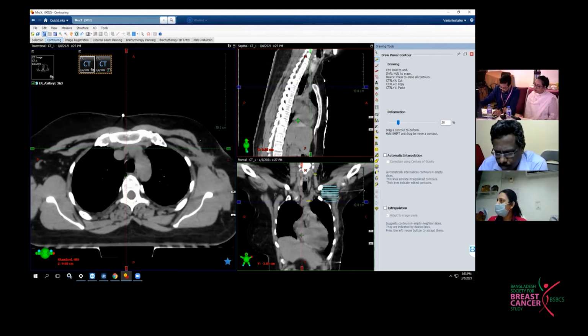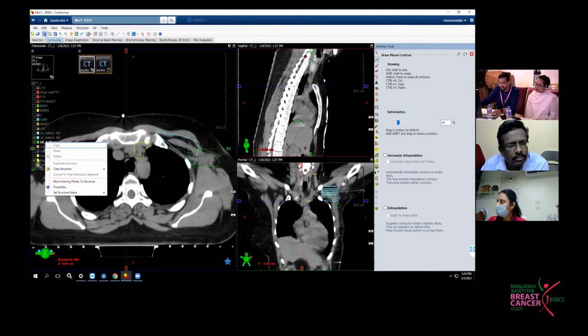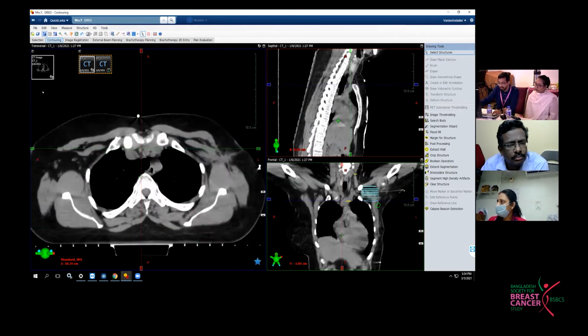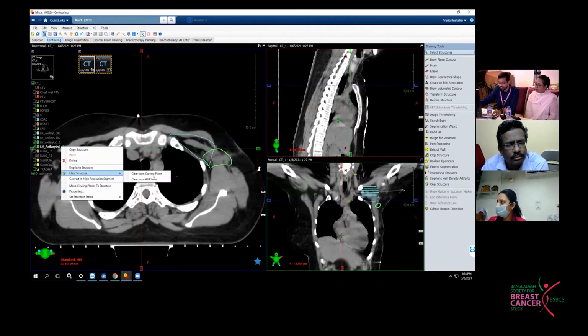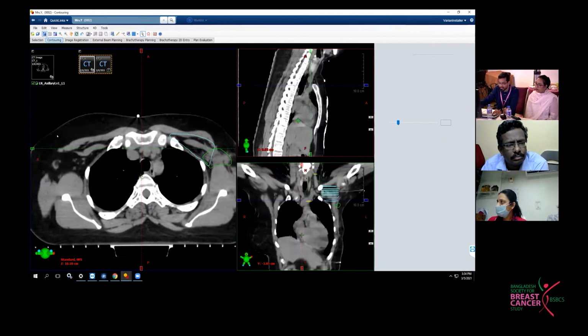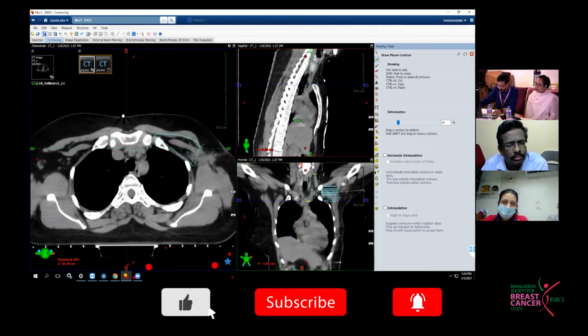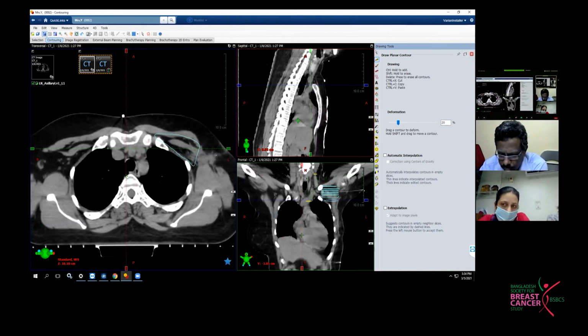For axillary level 1, the superior border is where the axillary vessel crosses the lateral edge of the pectoralis minor. And the anterior border is the plane defined by the anterior surface of pectoralis major and latissimus dorsi.